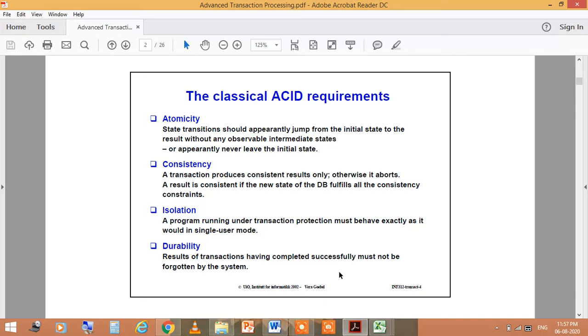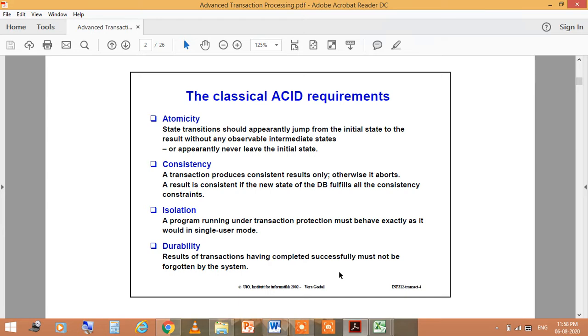Because if you are talking about a single user, it means all your things are fully protected. If we are talking about multi-user, that means multiple users can use that particular resource, so there might be chances of it being stolen, so some type of protection should be there.